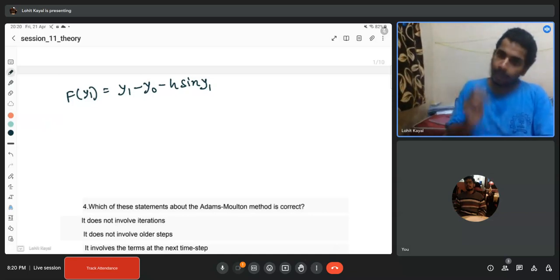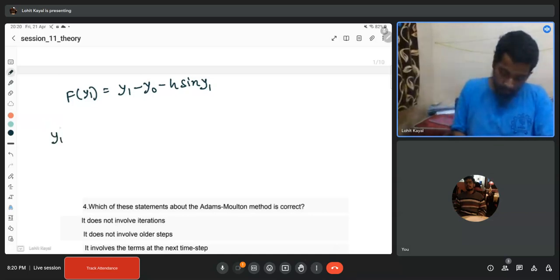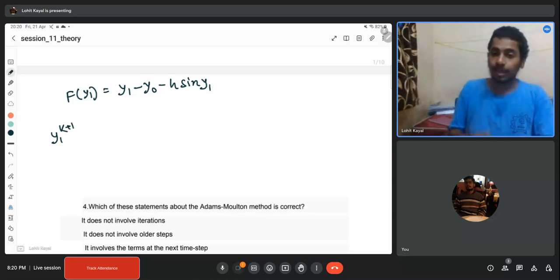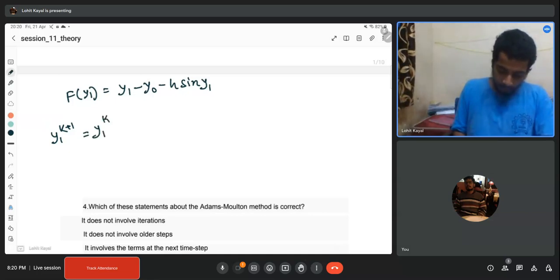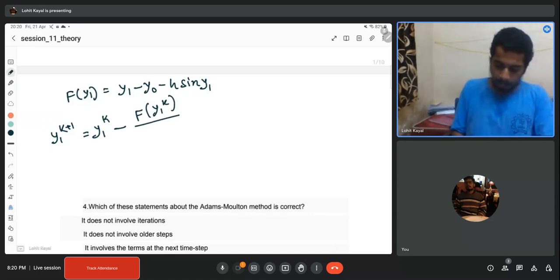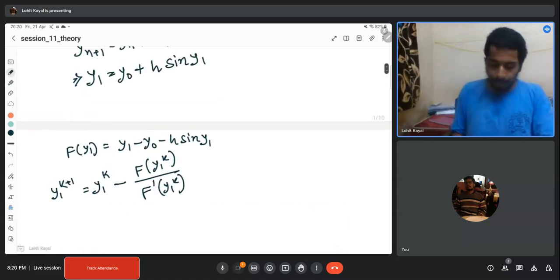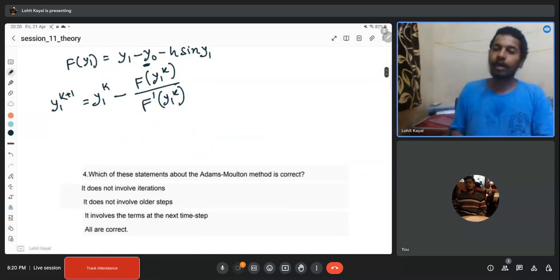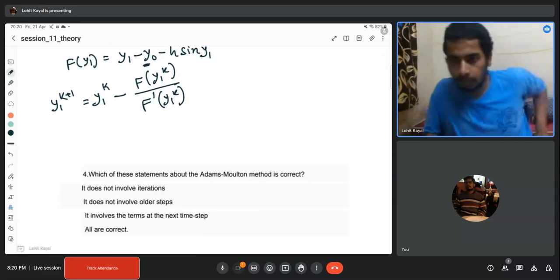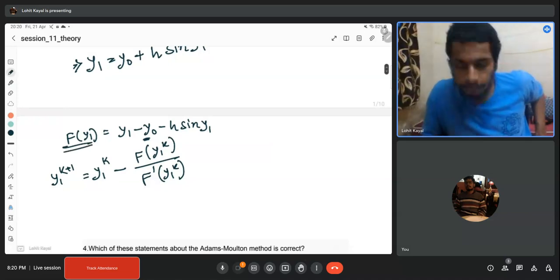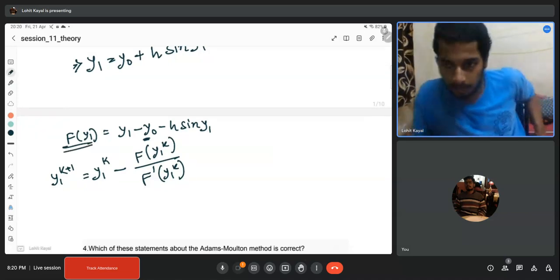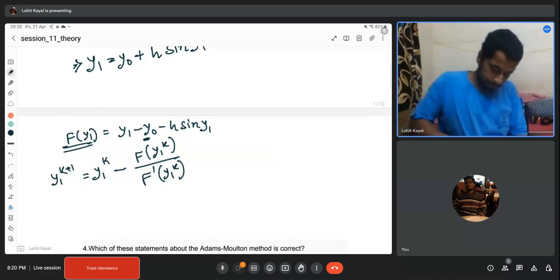I need the answer y1, so the solution at the k plus 1th iteration of Newton-Raphson is y1 of k plus 1 equals y1 of k minus f of y1k divided by f prime of y1k. Remember that here y0 is a constant, not a variable. y1 is the variable, so I will use the Newton-Raphson technique on y1, and the function is defined on the basis of y1. Just a moment.